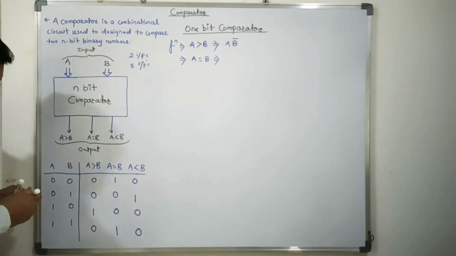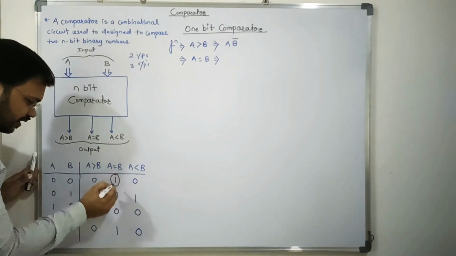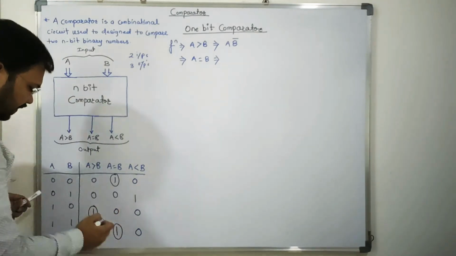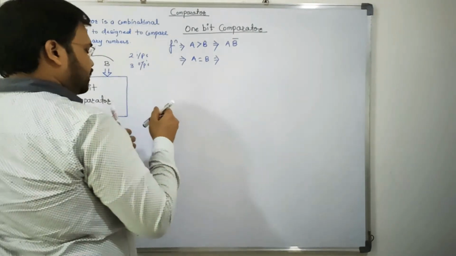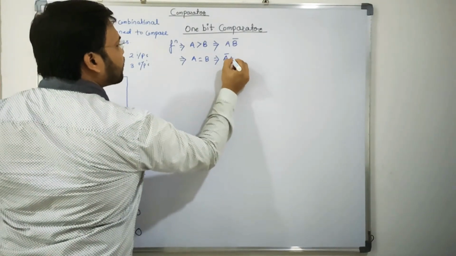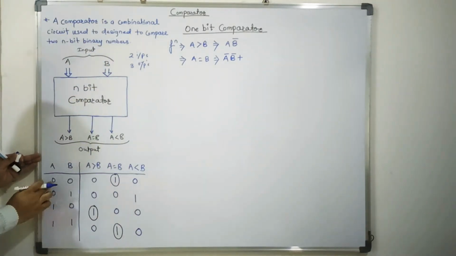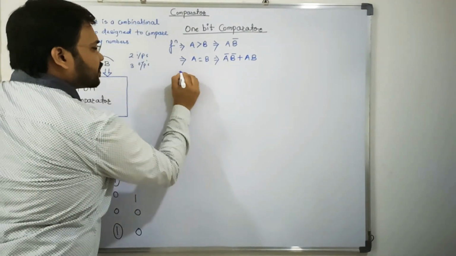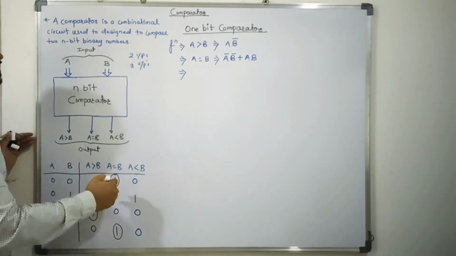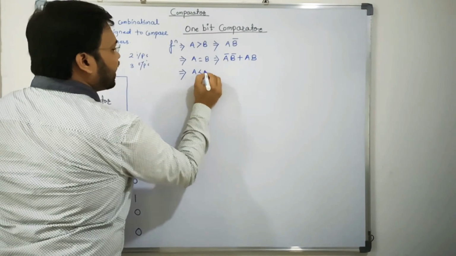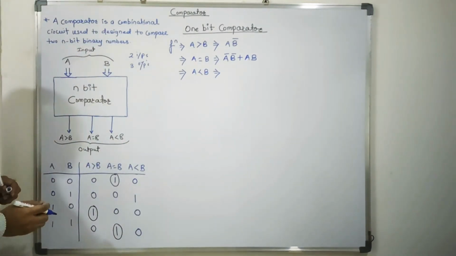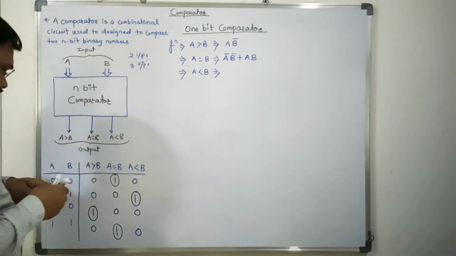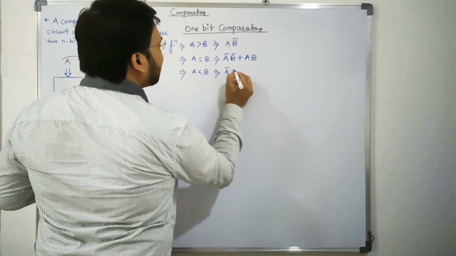So for both cases we have logic 1, and the terms are A bar B bar plus A B. Next, the third one, A is less than B. Here again there is only one 1, for the input 0 1, which means A bar and B. So the equation is A bar B.